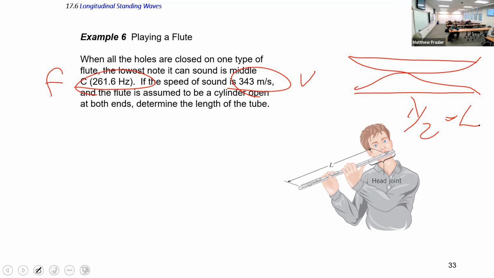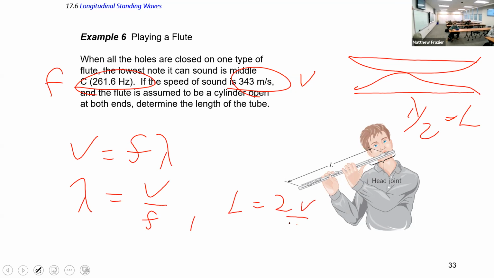We have velocity is frequency times wavelength. So wavelength is velocity divided by frequency. And then from this, we have the length is 2 times the velocity over the frequency. No, that's not right.